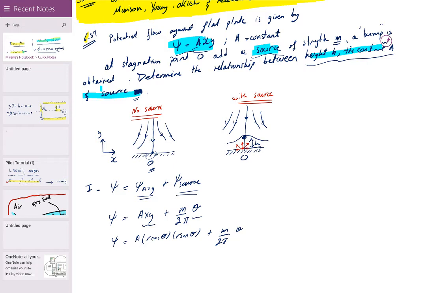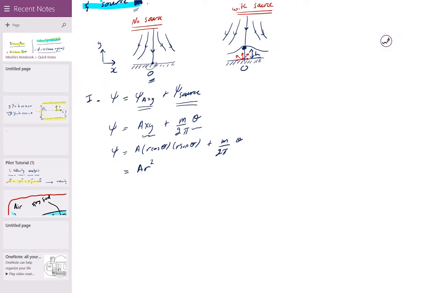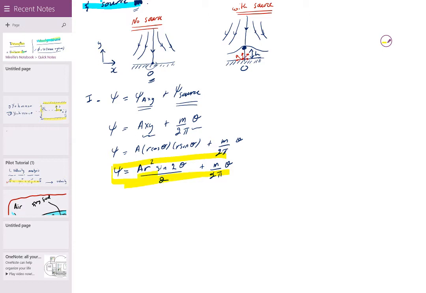Now if I multiply these two together, I'm going to get A r squared cosine theta times sine theta, which is sine 2 theta over 2, plus m over 2 pi theta. Now, this is my first milestone.